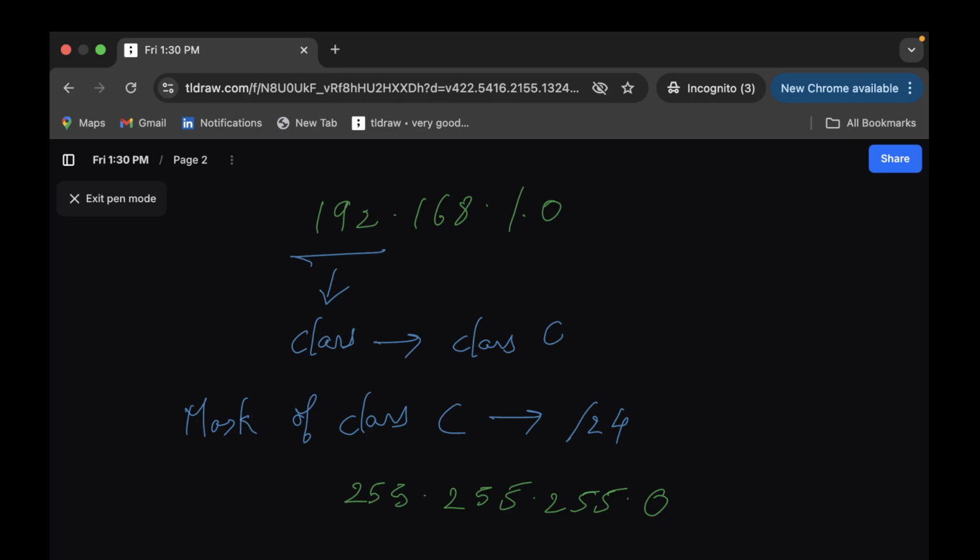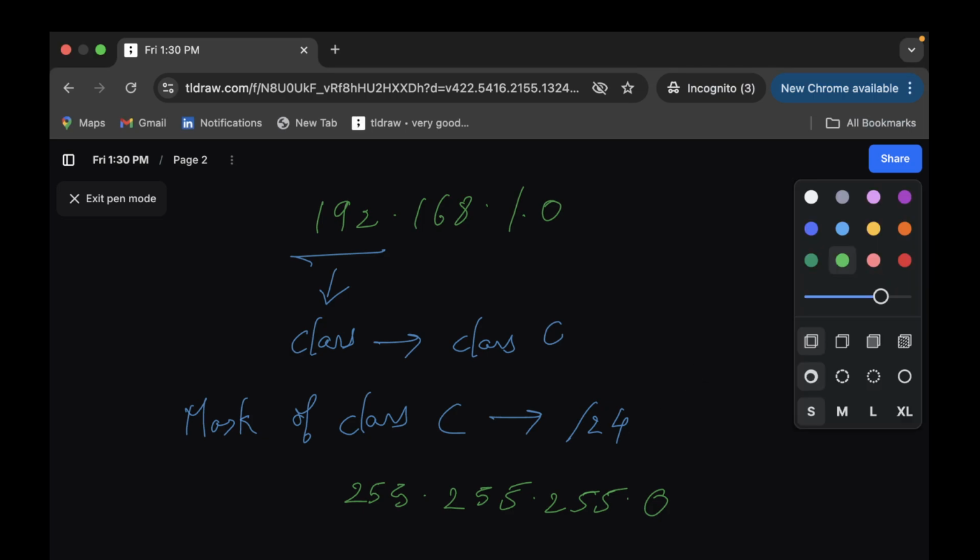When I do the logical AND of this, what do I get? If this is 24, then I can say this represents my network bits and I have 8 host bits, right?